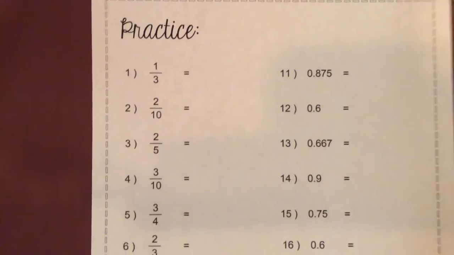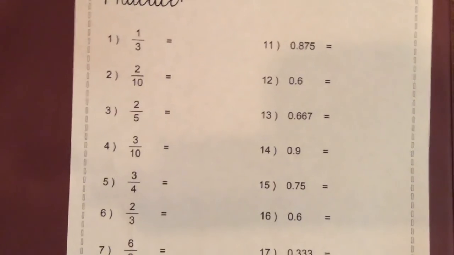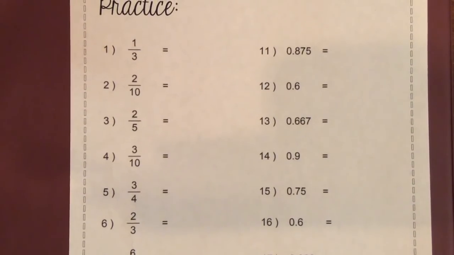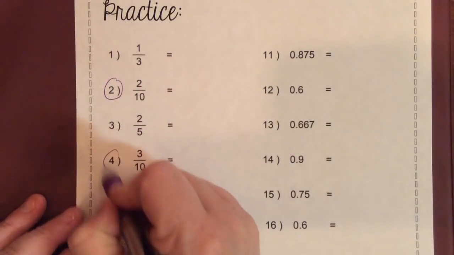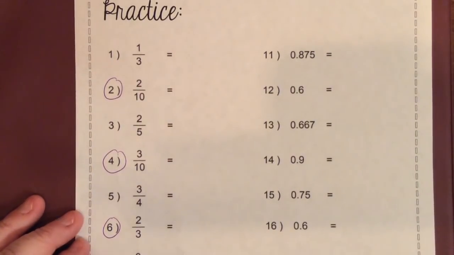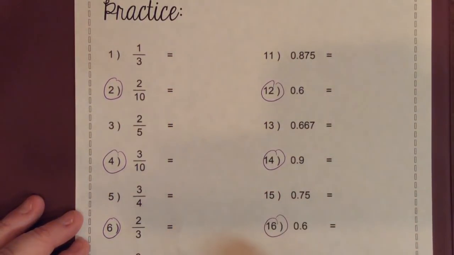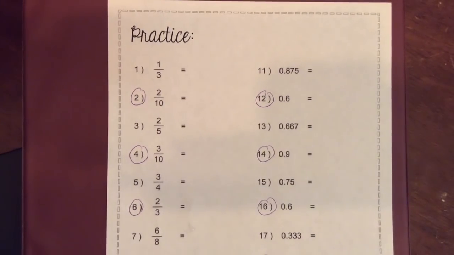You are going to do questions 1 through 10. Actually, no, you're not. You're going to do even. Sorry. You're going to do the even numbered problems. So 2, 4, 6, 8, 10, 12, 14, 16, 18, 20. So it's 10 problems that you're going to do.